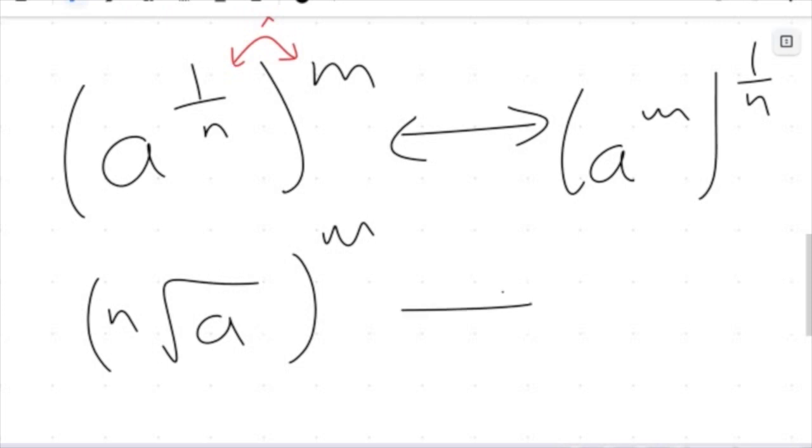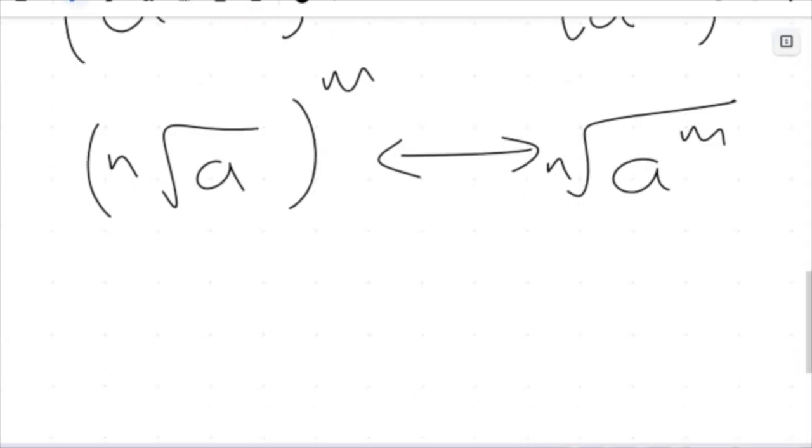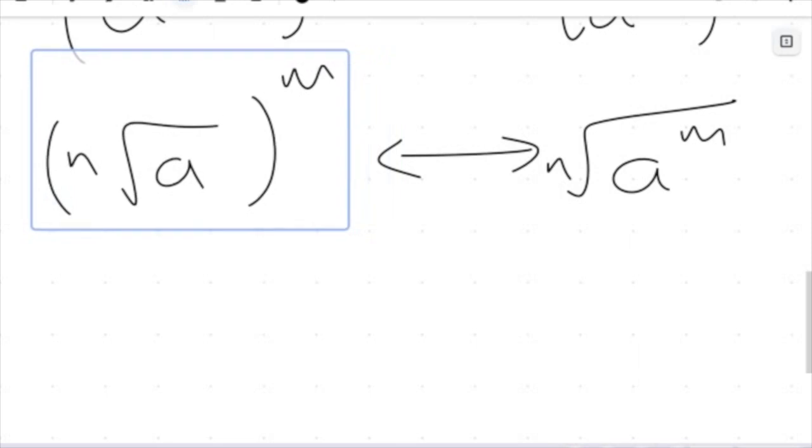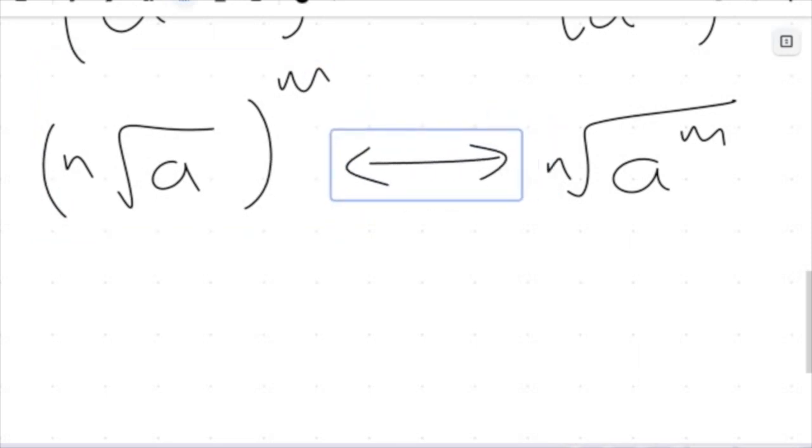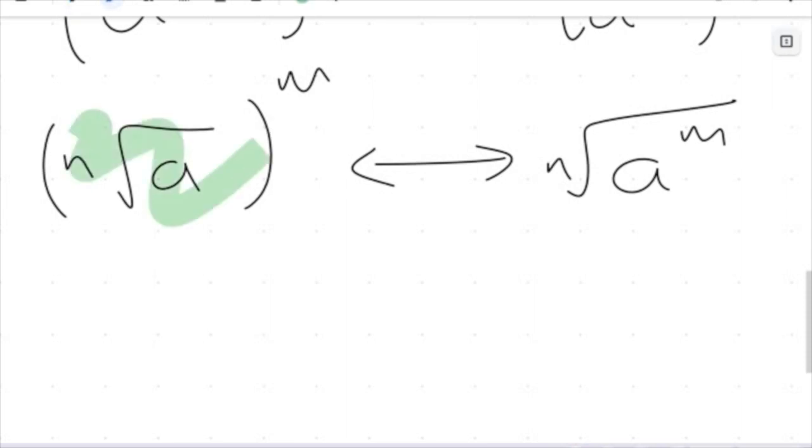Or I can also write this as a to the power of m, and I'm taking the nth root of that. These two things are exactly the same. Let's shift this along a little bit. These two things are identical, because if I were to take the power here, I would still get something that equals this right-hand side.